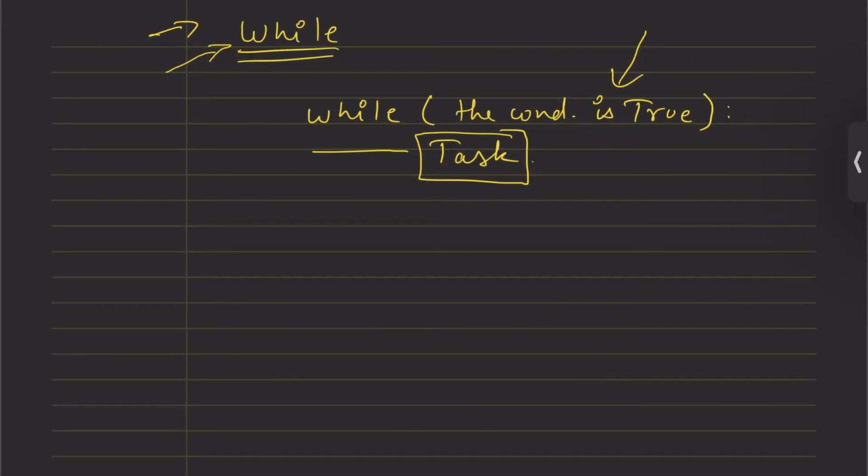I'll give you one example. Let's say I initiate a variable x with a value 1, then I will write the while command like this: while, in the brackets, x is less than or equal to 5, bracket close, colon, then print x.